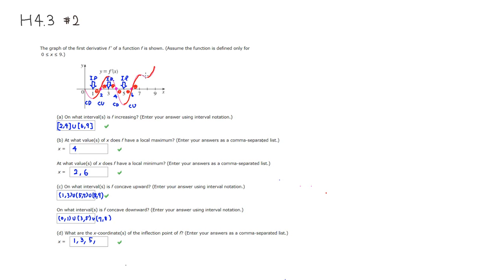Here it's concave downward, so at 7 you're going to have another inflection point. And concave down to concave upward, so at 8 you're going to have an inflection point as well. All right, that's it. I hope that this was clear.